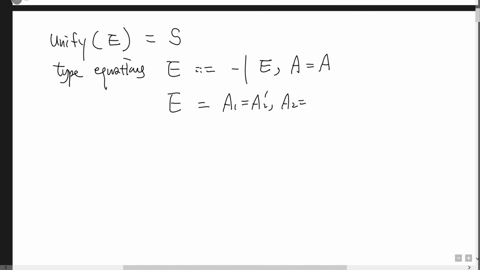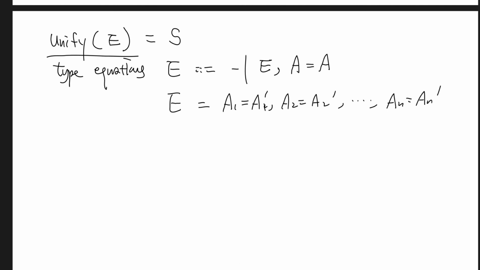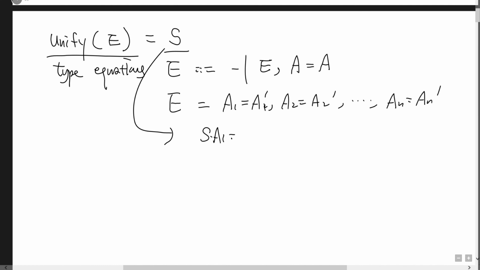A1 prime, A2 prime, AN prime. And if this unification succeeds, and if the unification returns this type substitution S, what that means is that SA1 is really equal to SA1 prime, and so on.